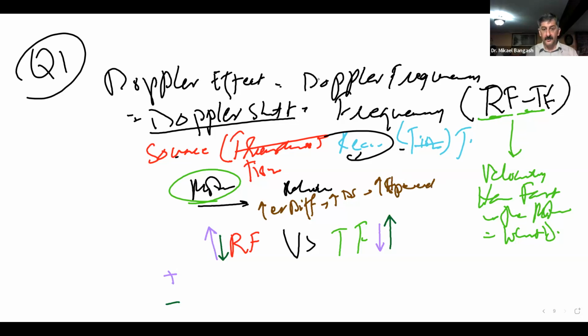Whereas if there was a low difference between these two frequencies, that will be a low Doppler shift, which indicates that the blood is flowing at a low speed. And a high speed can be positive and negative. And a low speed as well can be positive and negative.